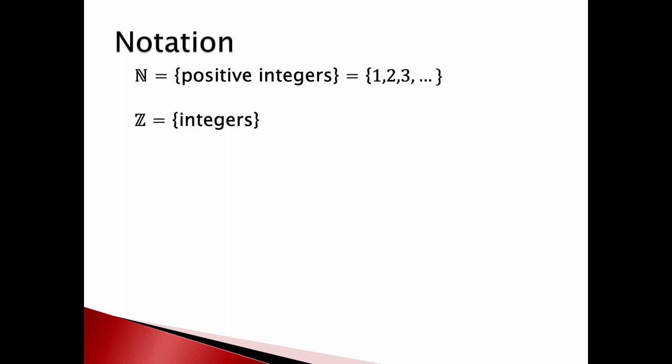The integers themselves we use with the blackboard bold Z. Now you may ask yourself, why Z for integers, right? Why not I for integers? I mean, I get N, right? N's for number, right? So where did the Z come from? Well, if you know any German, you might recognize where this comes from. The German word for number is Zahlen, and so that's where the Z comes from.